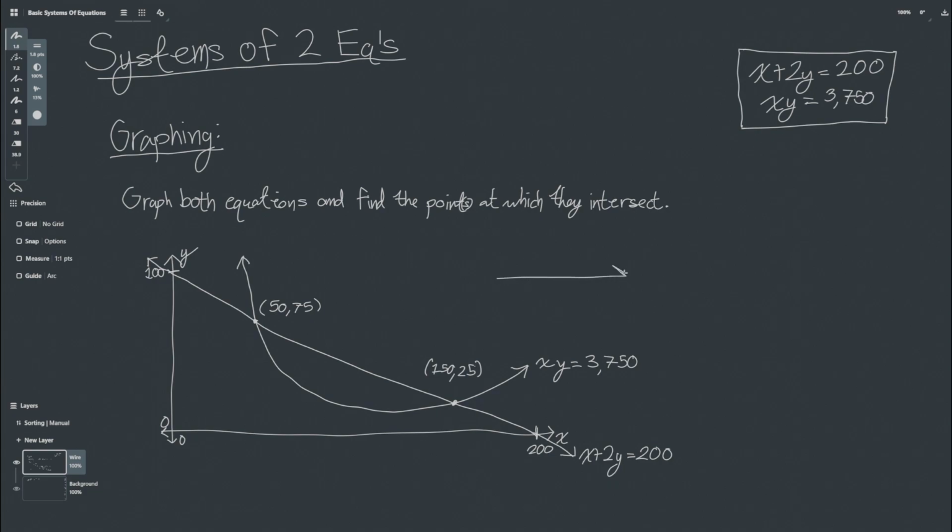So this implies that we have 2 solutions to our system of equations. And those are x equals 50 and y equals 75, or x equals 150 while y equals 25.